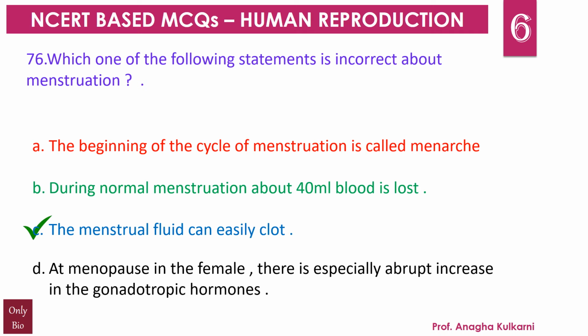In menstrual blood, plasminogen activators are also present which cause fibrinolysis that dissolves the clot. And that is the real reason why menstrual fluid can easily clot is a wrong statement. It can't easily clot because it's loaded with anticoagulants.